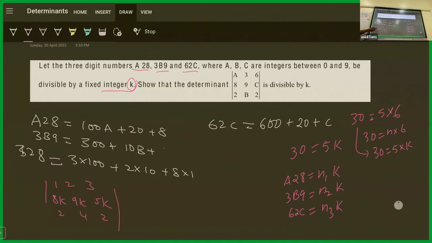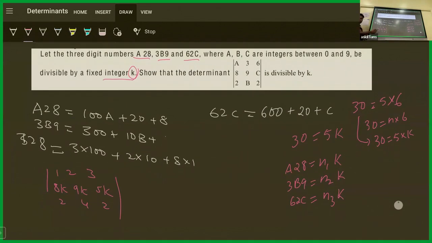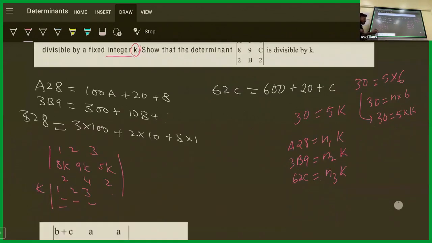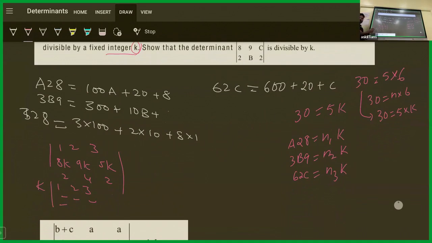So I know that from the second row, I can take k common outside, and we are left with 1, 2, 3, and all these numbers. Now clearly, whatever the value of this number is, we are having k common. It means this whole thing is divisible by k. Understood?